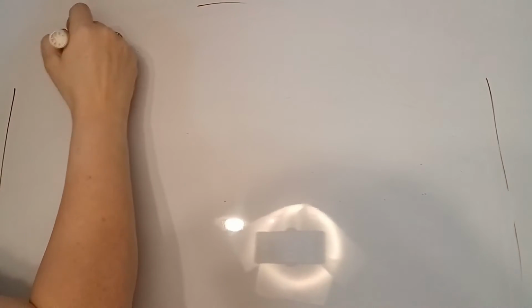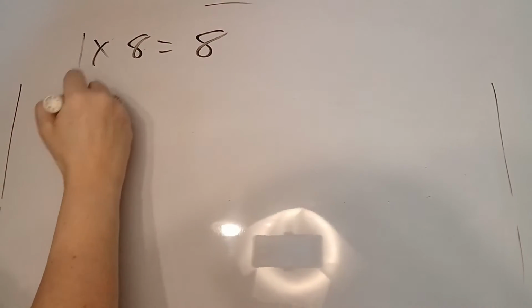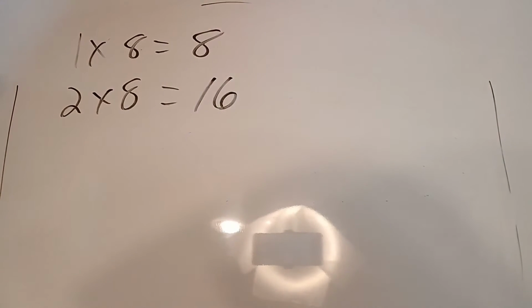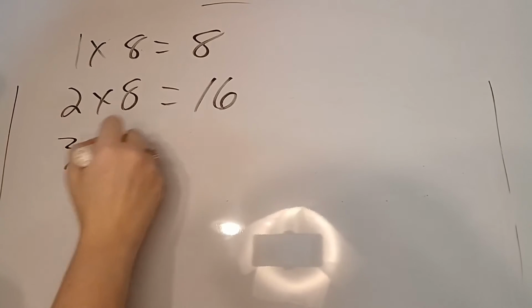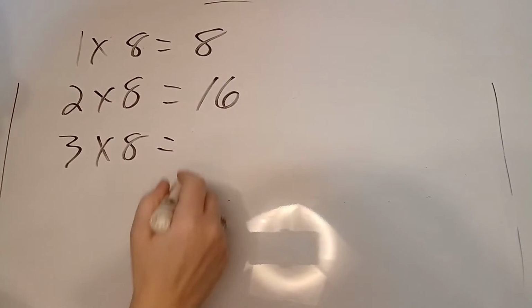So let's look at how we do 8s. 1 times 8 is 8. That's the number we know. 2 times 8 is 16. 3 times 8 is the same as 2 times 8 plus 1 times 8.